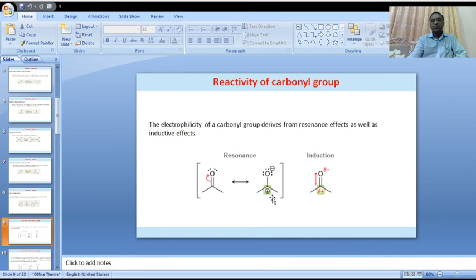This is the explanation about resonance effect.